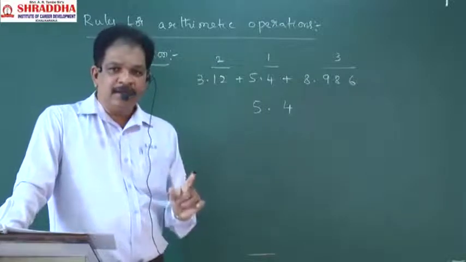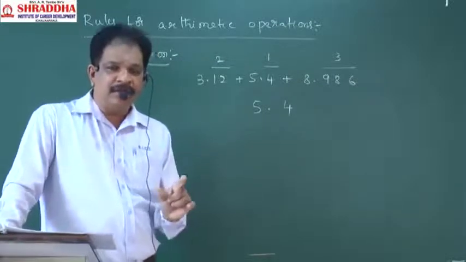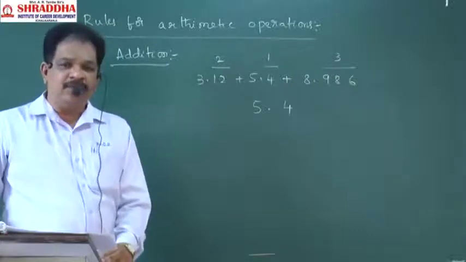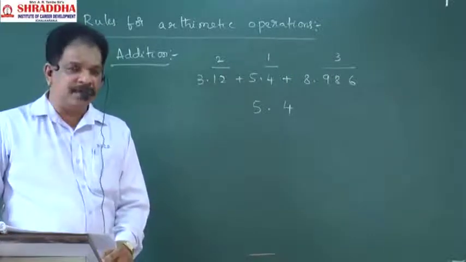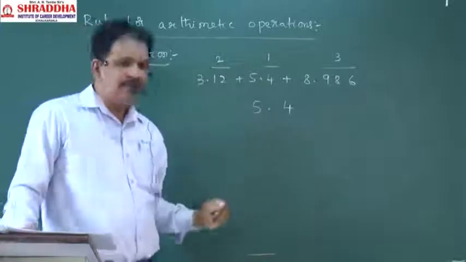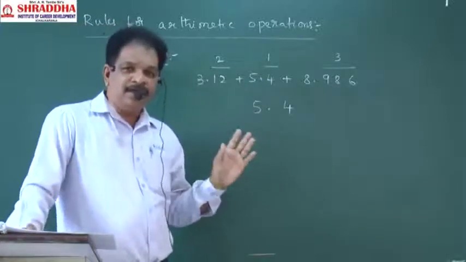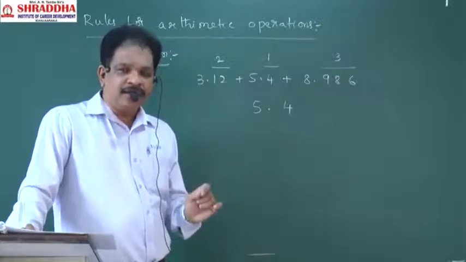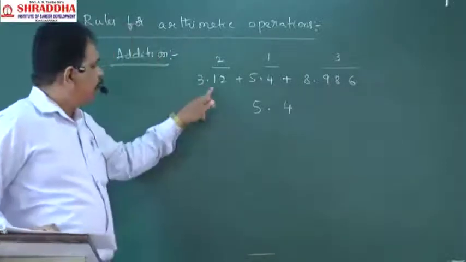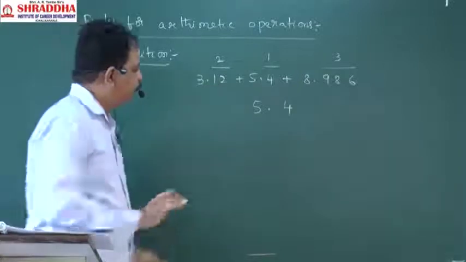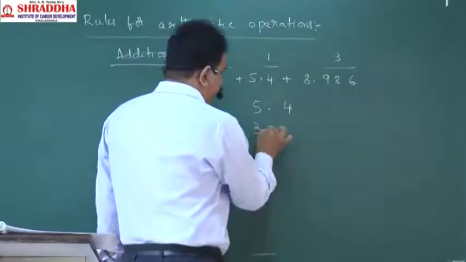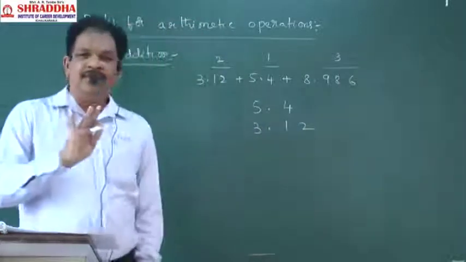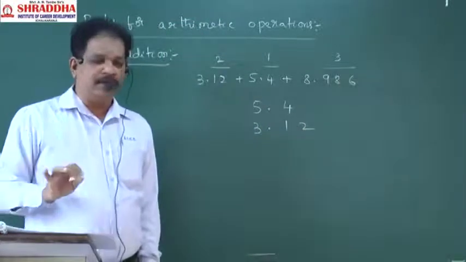Clear? Here one is there, na? The remaining numbers will have two significant figures after the decimal point. Already it has only two significant figures after the decimal point.